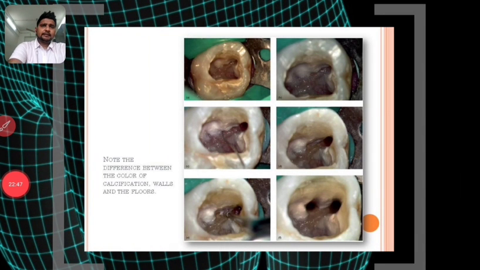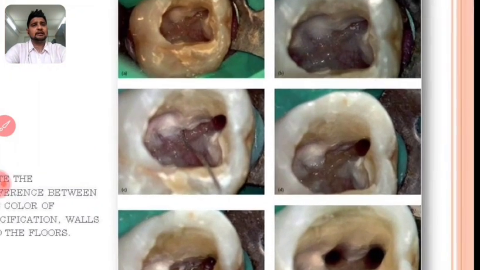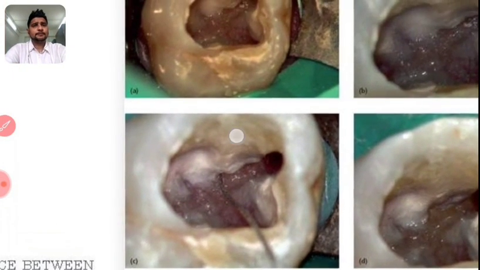Another tip when you're doing endo opening and you're using loops, you can note the change in the color of the walls and the floor. It's always different. Sometimes when I'm taking a course, people are doing RCO. I teach right from root canal opening, right from learning how to read the X-ray. I teach everything.